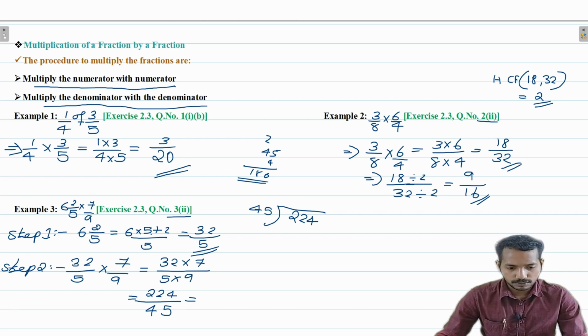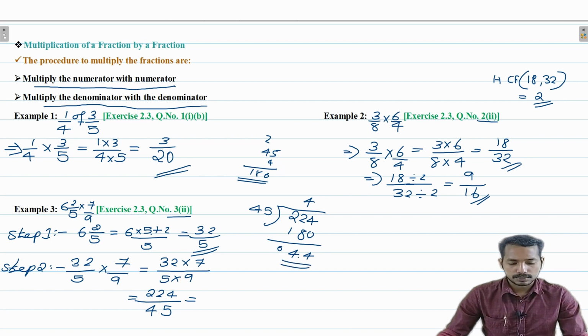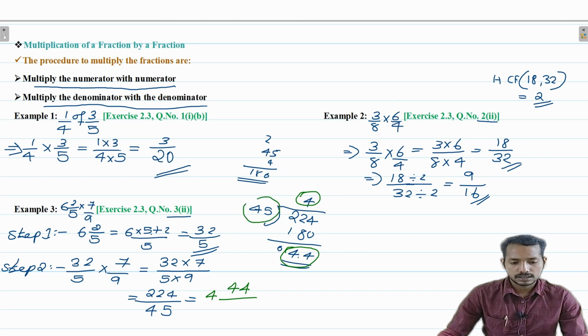So the quotient will be 4. 4 into 45 is 180. The remainder is 44. So we can represent this as a mixed fraction, where 4, the quotient, will be the whole part, 44 will be the numerator of the fraction part, and 45 will be the denominator of the fraction part.